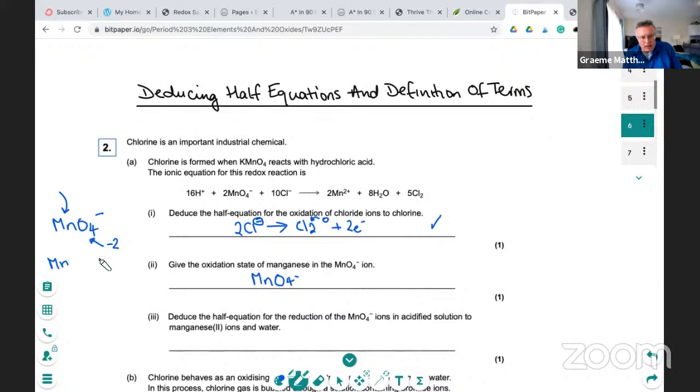Yeah, okay. So manganese plus 4 oxygens, 4 times -2, has to equal the charge on the ion, which is -1. And so manganese minus 8 is -1, and so I got manganese being +7. All right then.